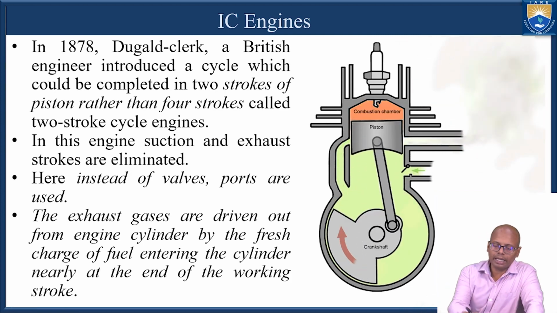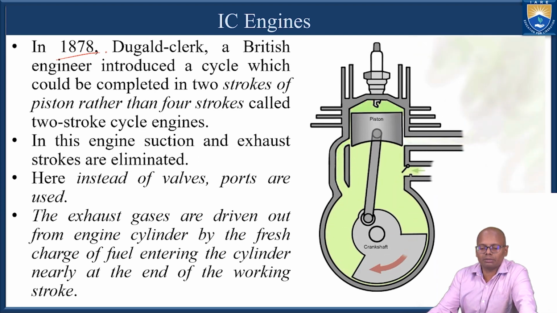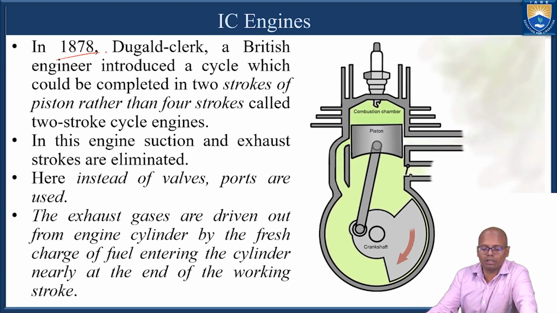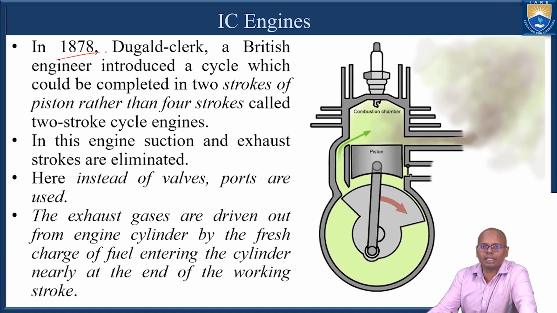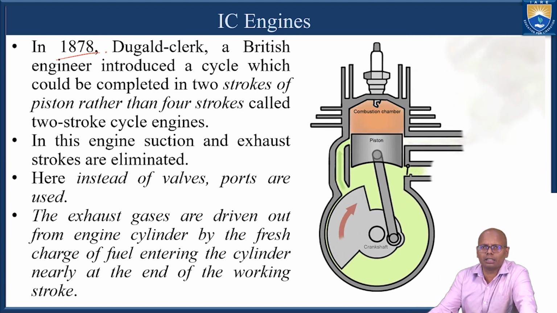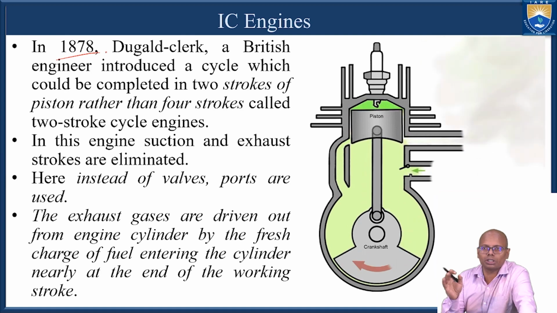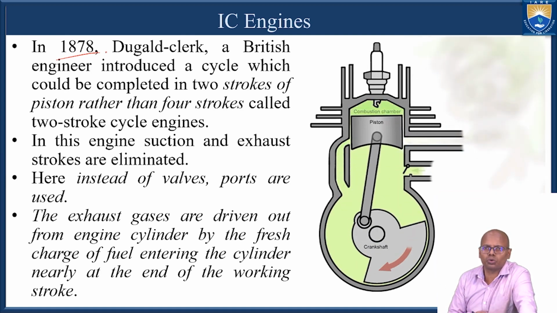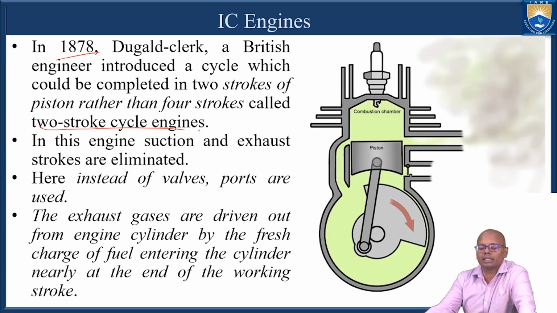Now in 1879, there was an engineer in Britain called Douglas Clerk. He introduced a cycle which completes the four strokes of the IC engine in just two strokes, and that is called the two-stroke cycle engine.